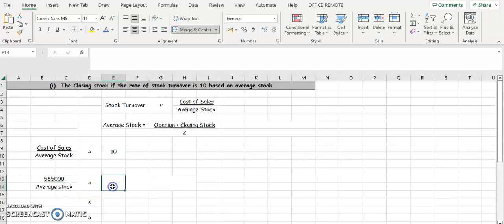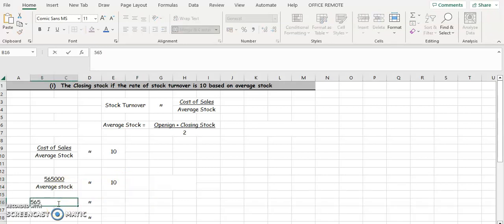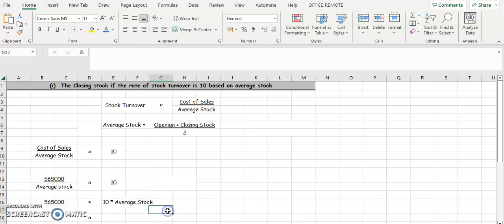is equal to 10. So we're going to cross multiply to get average stock on its own. So 565,000 is equal to 10 multiplied by average stock. Remember, if it's division on one side, when we bring it over to the equals, it becomes multiplication.